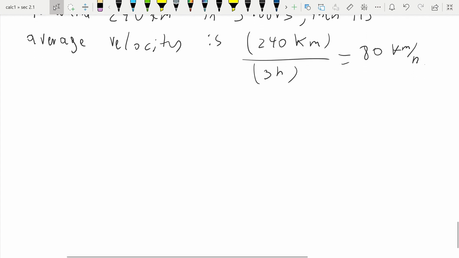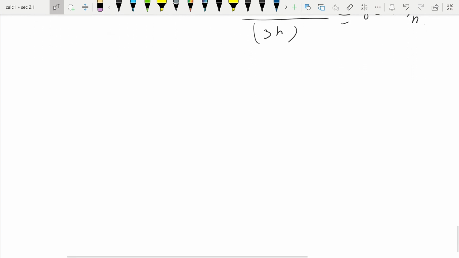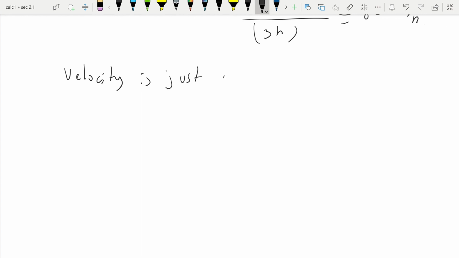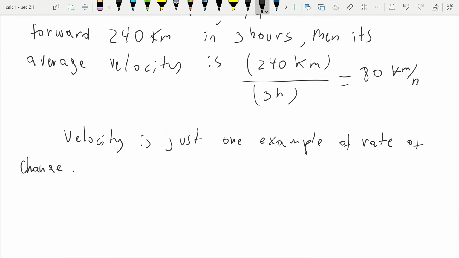We'll conclude this. The velocity is just one instance of what we're trying to understand. It's just one example of rate of change. It just so happens that it's very useful to understand the concept, because it has a physical interpretation.